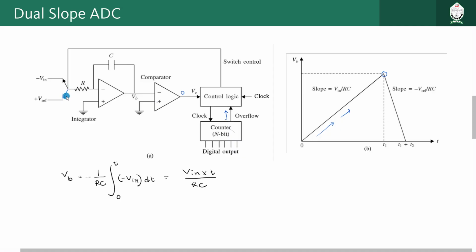Now it will be connected to VREF, and also because this counter has counted up to its maximum value when overflow happens, after that again it will start from its initial value. It is kind of like resetting, right? So after this T1, this counter will again start from 0000, that initial value again.